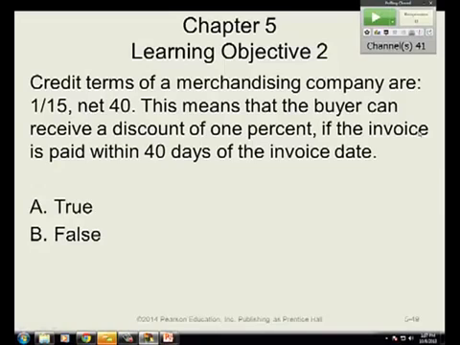So again, this should be pretty simple, but just want to be sure. Better get this one right. Everybody gets this one right.